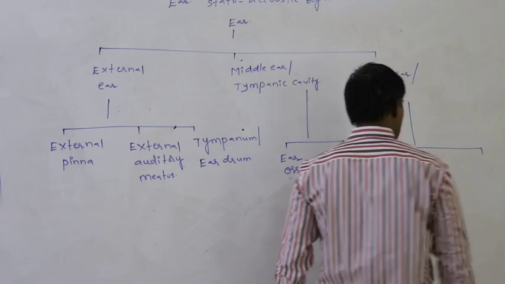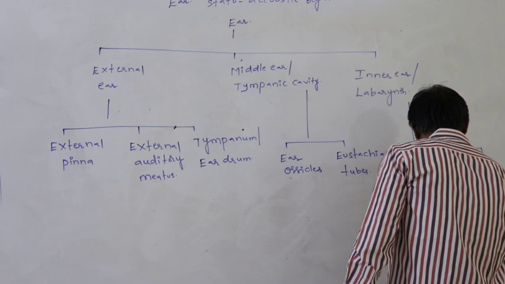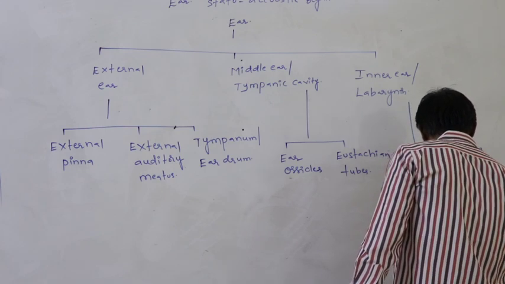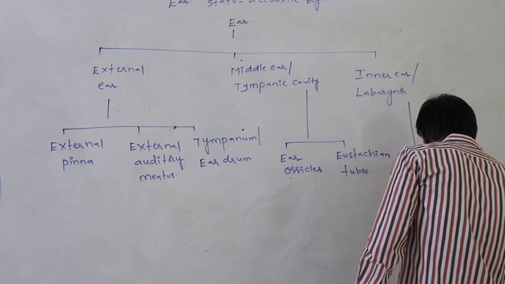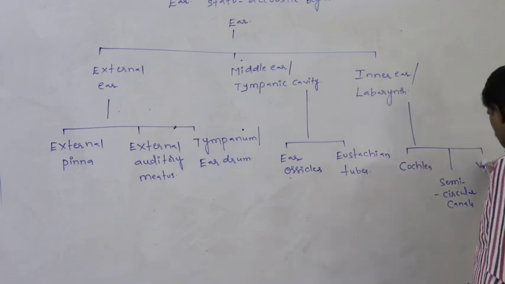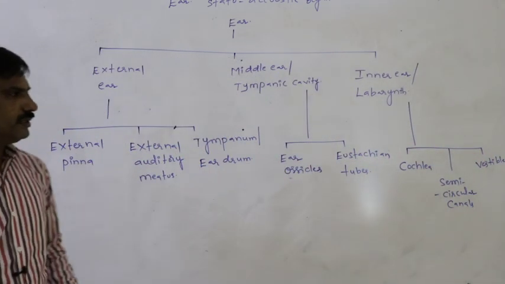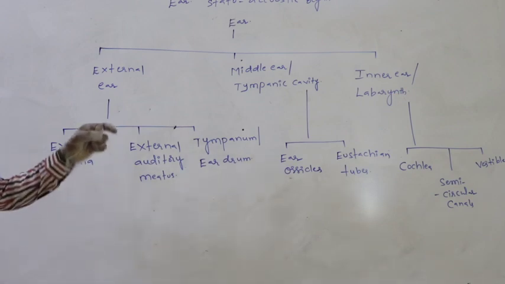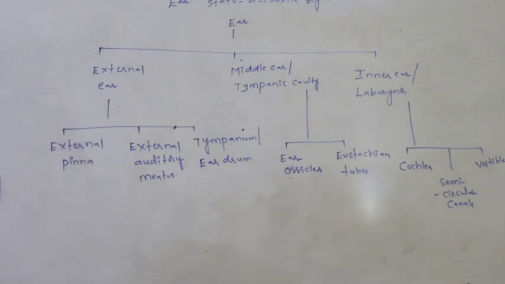One is the cochlea, second the semicircular canals, third the vestibule. So the inner ear is the labyrinth.